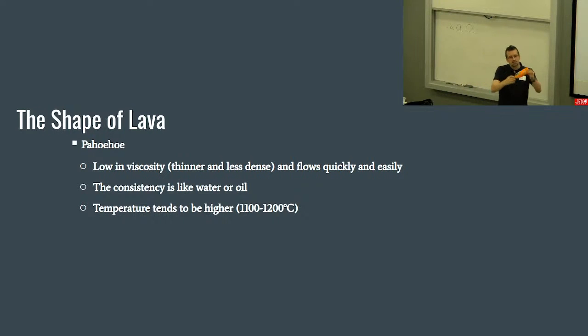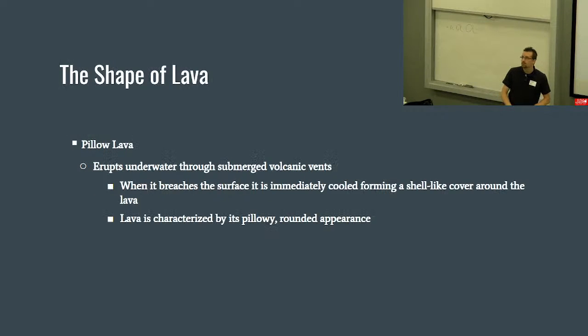But also, this lava would be very hot, 1,100 to 1,200 degrees C. That does not seem like that big of a difference from the aa, but it is. Also, keep in mind, we are talking about Celsius here, so typically we're used to Fahrenheit, but as I say in my class, we're speaking the Queens here, so we are charting things in Celsius. So yes, this is a different scale and much hotter.